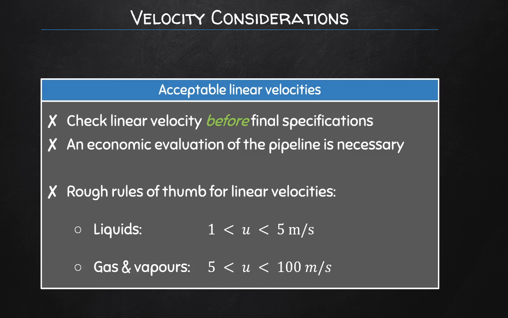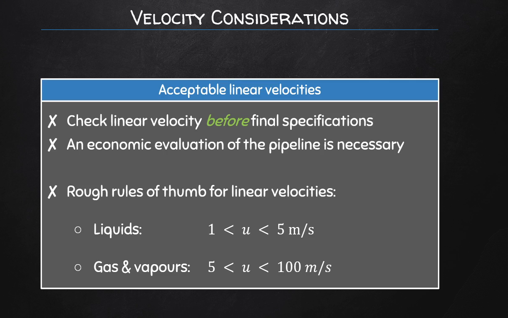Now, for chemical processes, a general rule of thumb is generally followed. These rules of thumb are called heuristics, and this heuristic applies to velocities, where liquids should take on a velocity of between 1 meter per second and 5 meters per second.